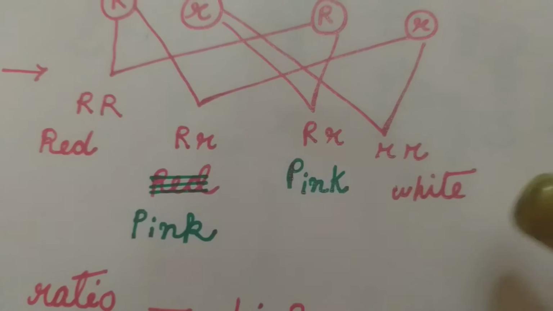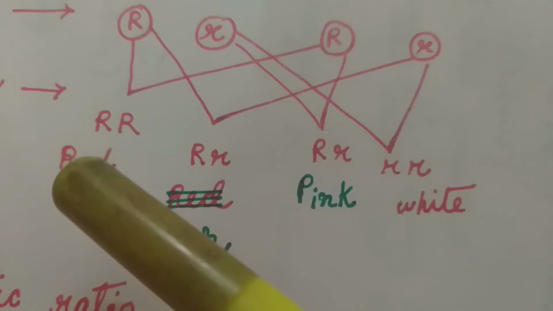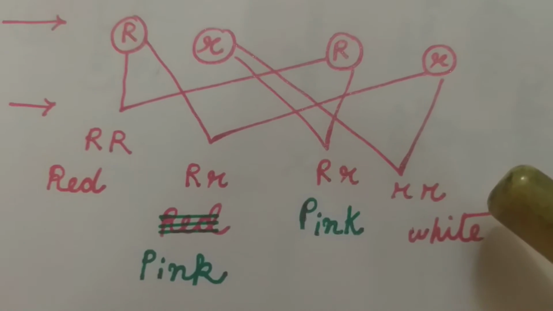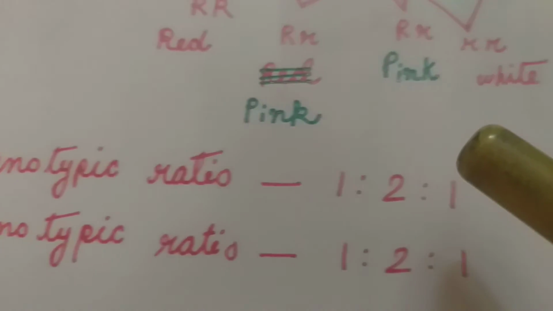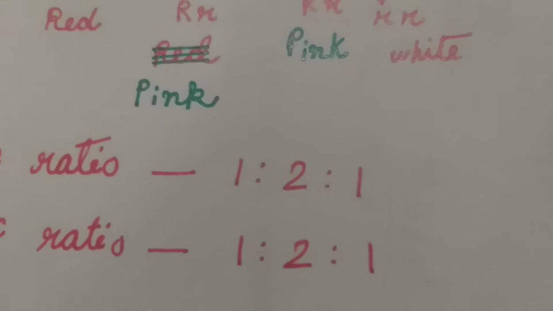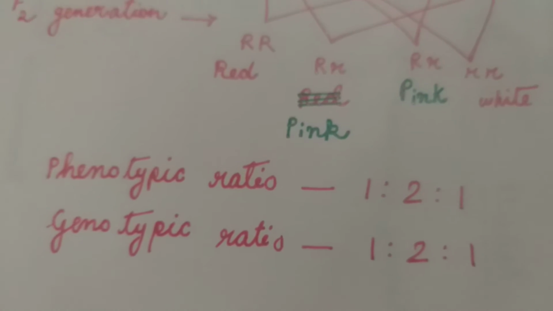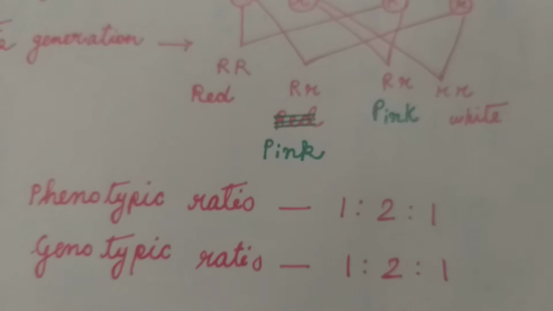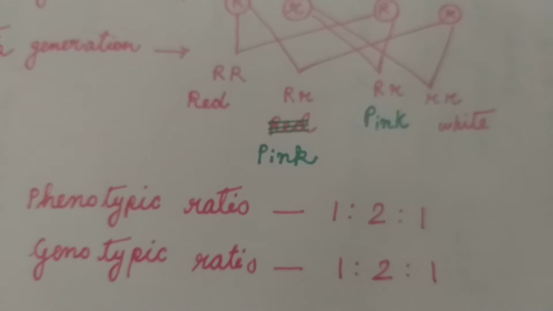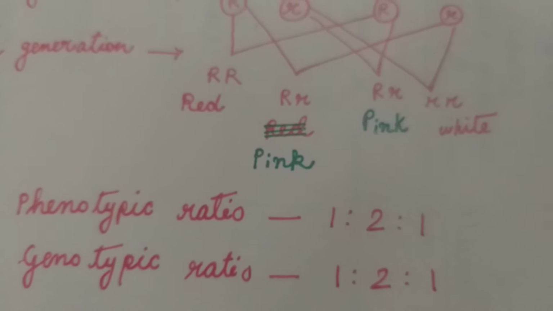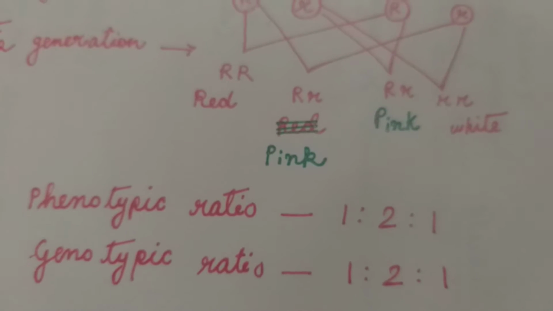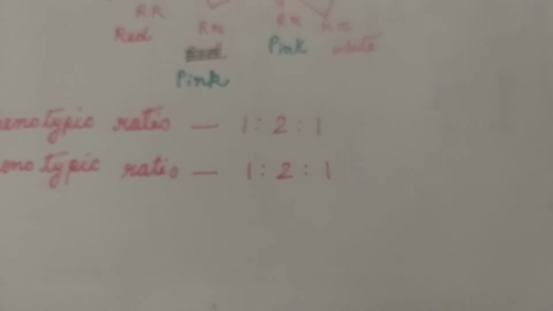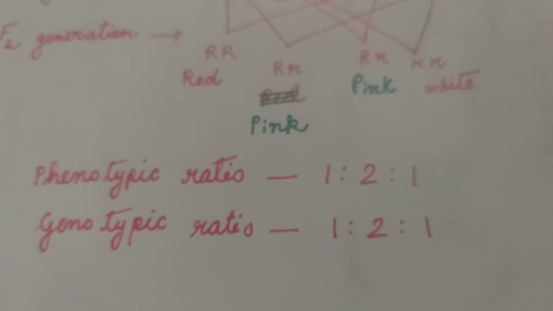What is the genotypic ratio? 1 homozygous, 2 heterozygous, 1 homozygous. Genotypic ratio is also 1:2:1. But in case of Mendel's monohybrid cross, you have seen phenotypic ratio was 3:1 and genotypic ratio was 1:2:1. But in incomplete dominance, both phenotypic and genotypic ratios are 1:2:1.